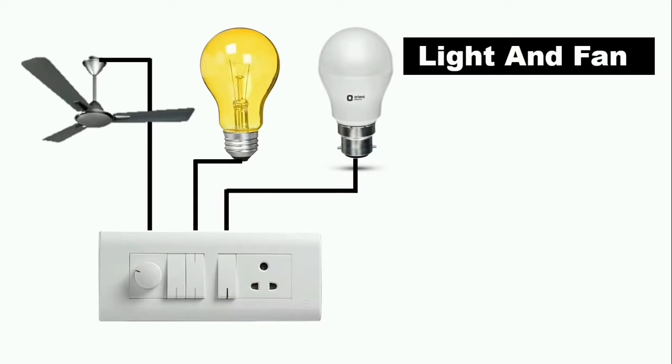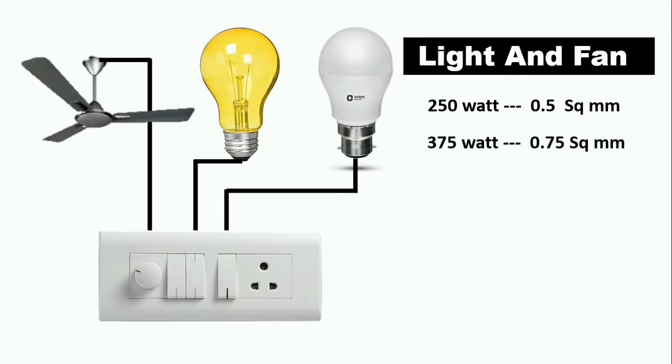Lighting and fans are basically lighting circuits. What we usually use for a lighting circuit is 1 mm or sometimes 1.5 mm. However, there is a variation based on the input power that determines the diameter, the thickness of the cable which you're going to be using.